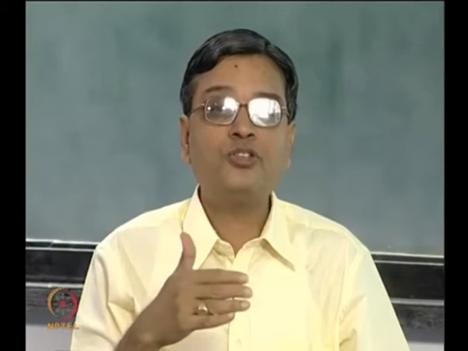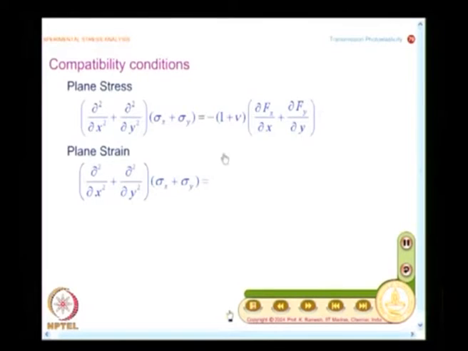Suppose you eliminate the consideration of body forces from the point of view of simplicity, the right hand side becomes completely 0. So this equation will be independent of elastic constants again, and the right hand side will be slightly different when I go to plane strain.